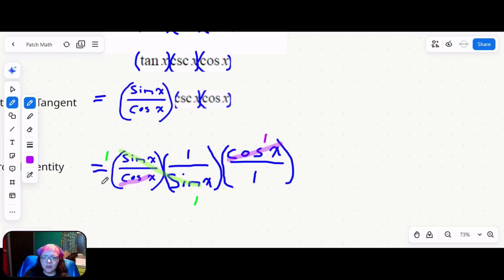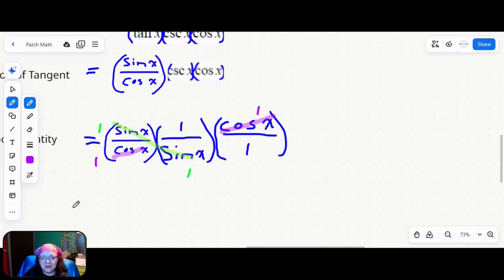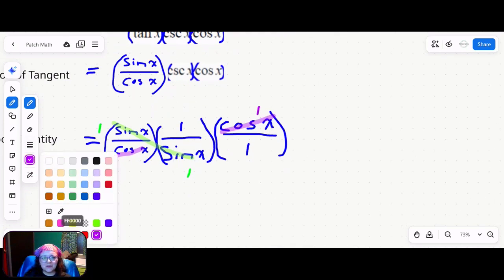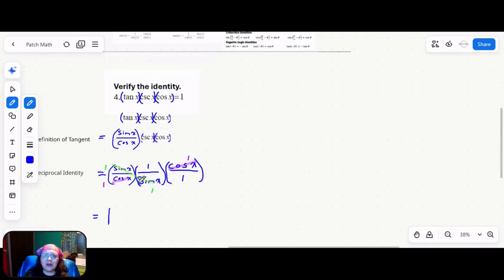Cosine of x divided by cosine of x is equal to 1 over 1, and suddenly you'll see something interesting happen. The top is now 1 times 1 times 1, which is 1. The bottom is now 1 times 1 times 1, which is 1. 1 divided by 1 is 1, and we are done.